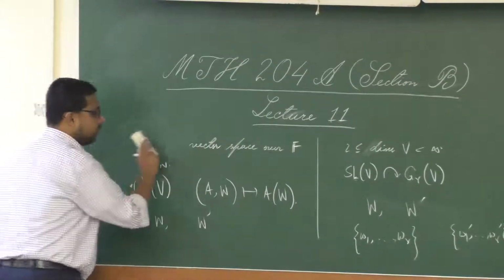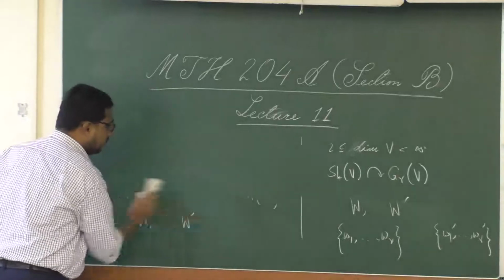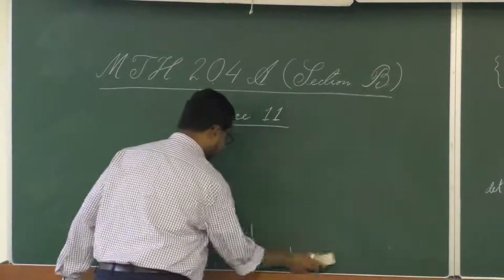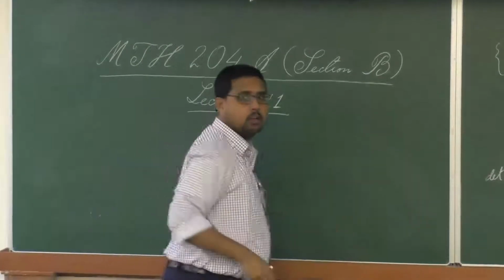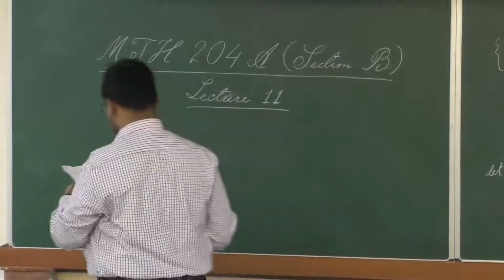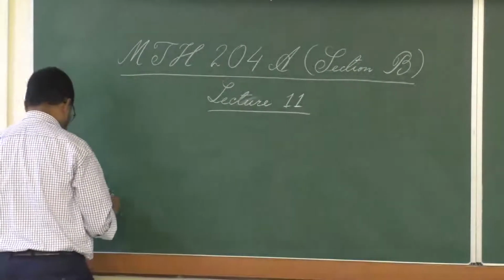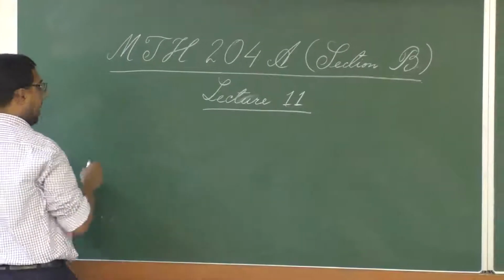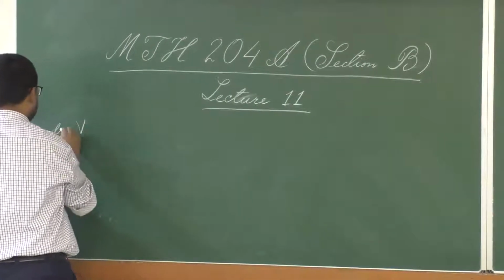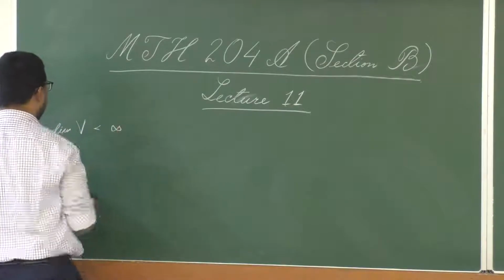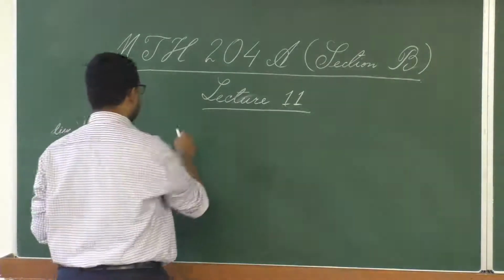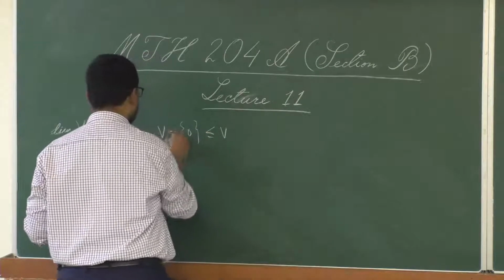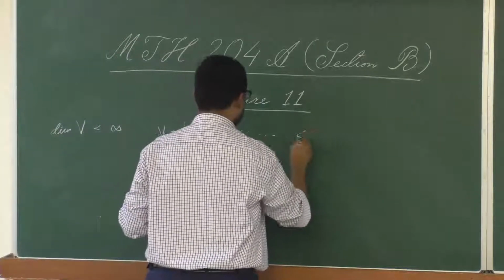So now the actions that we are going to consider are the actions on the flags of subspaces. As usual, let V be a finite dimensional vector space over F. Remember that by a flag we mean a chain of subspaces of this form: V0, V1, up to Vk.